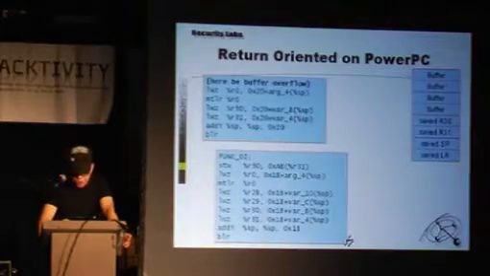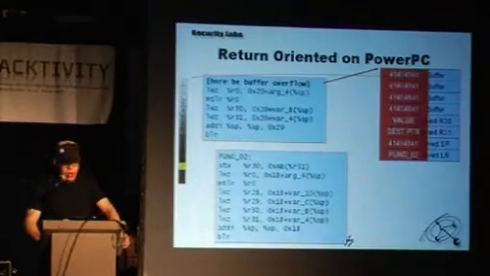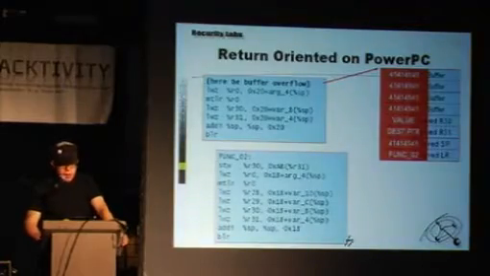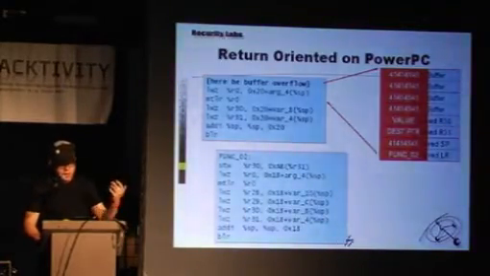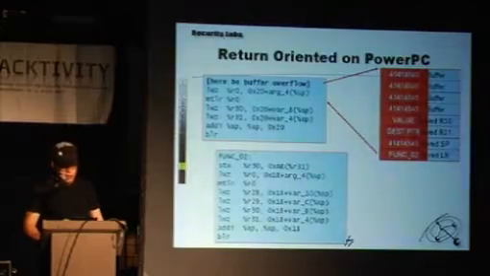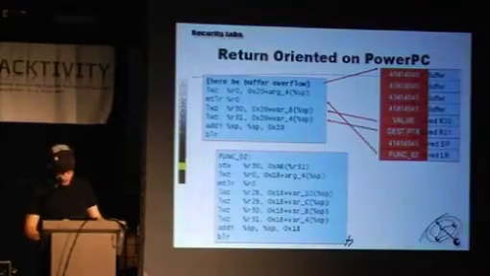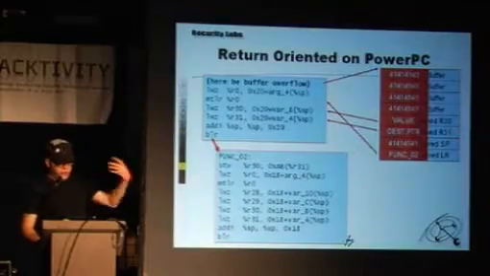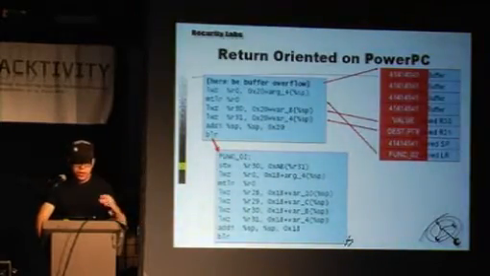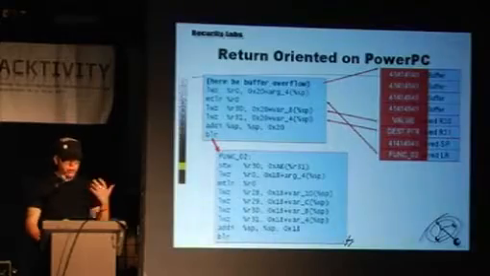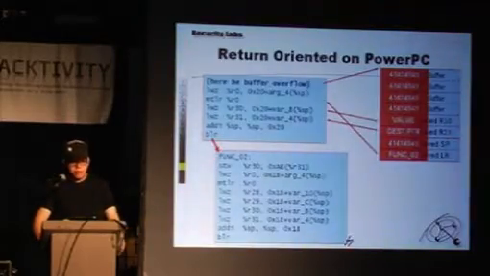So what we do is we overwrite the buffer, okay, because bang. And then when we overwrite the saved link register, we control where the CPU goes to, right? So it restores the registers, but then instead of jumping to the stack or somewhere, we're jumping into the tail of another function. This function preferably lives in ROMMON, so we know where it is, right?